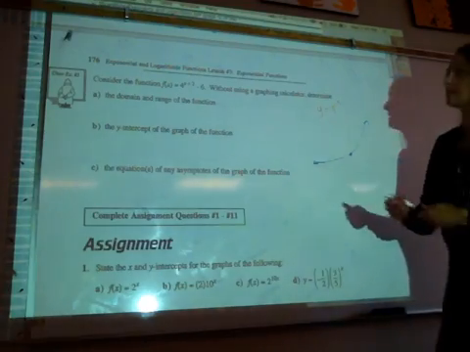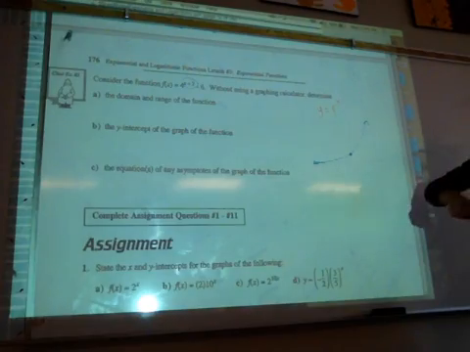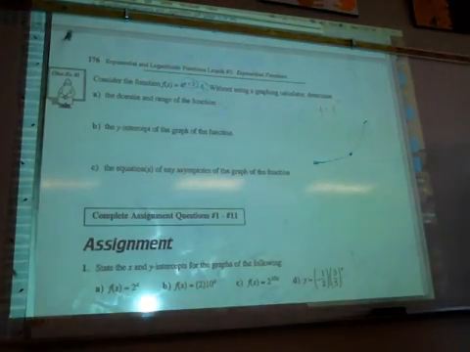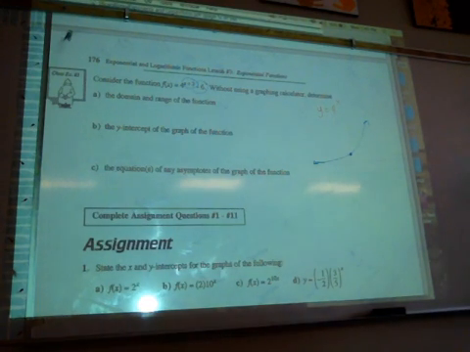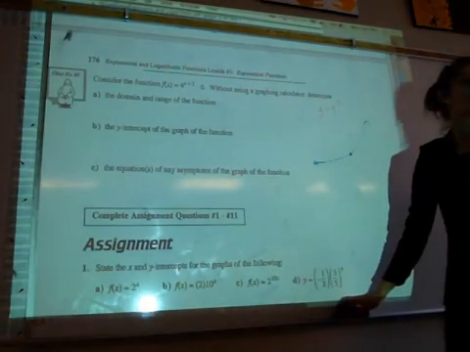Think about what does the x plus 2 do to 4 to the power of x? And what does the negative 6 do? So Xander, what are the transformations?